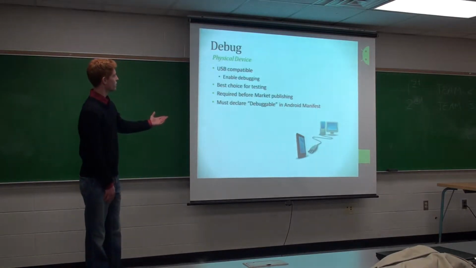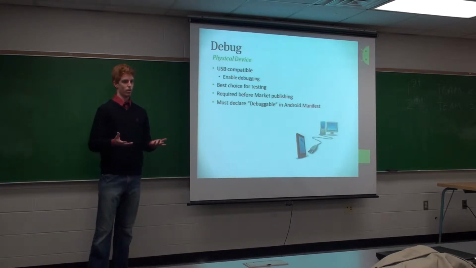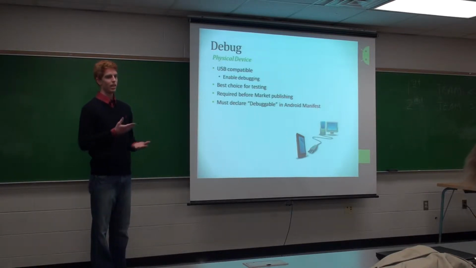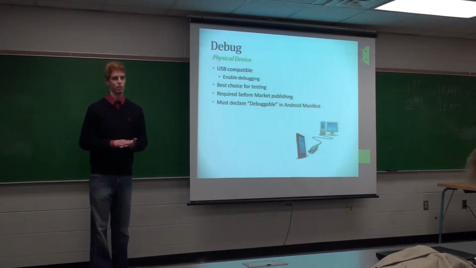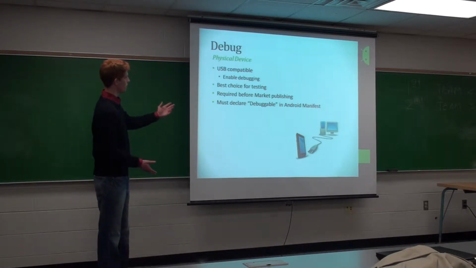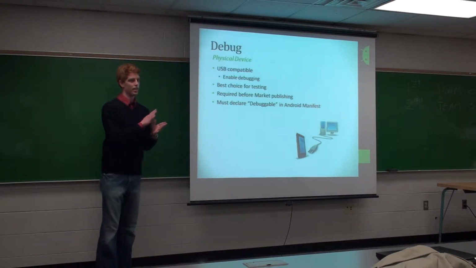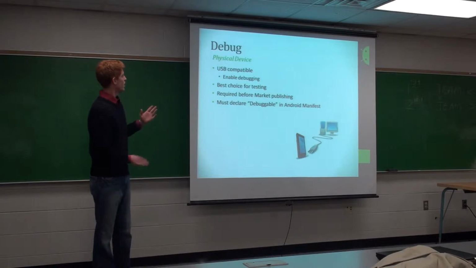So then the physical device, there's a couple things you have to set up to actually get it to work. First, you have to declare your application debuggable, and that's on the phone. And then on the Android manifest, go into applications on Eclipse, click debuggable, and then you're going to just connect it with USB.